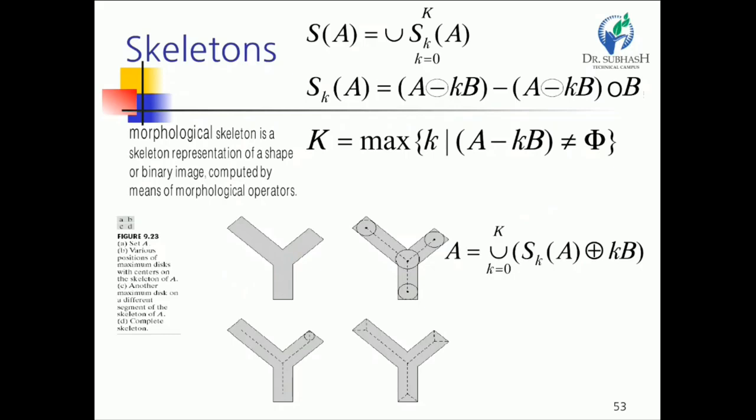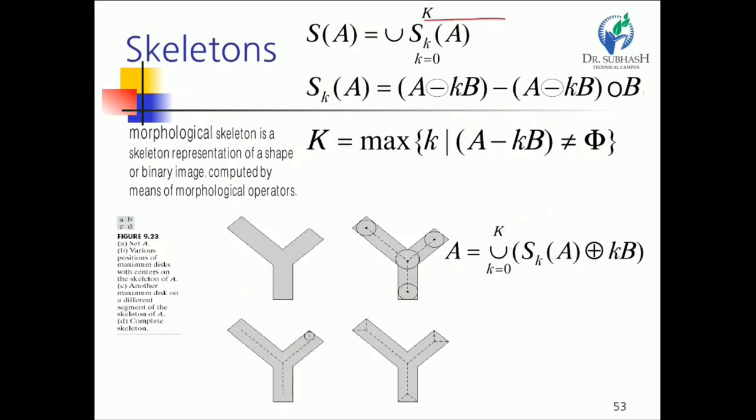Now skeleton. The morphological skeleton is the representation of the shape of a binary image, computed by means of morphological operators, right? So the skeleton is the representation of the binary image computed by morphological operators.